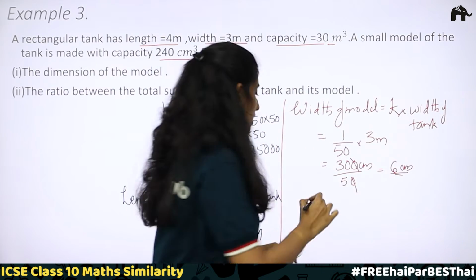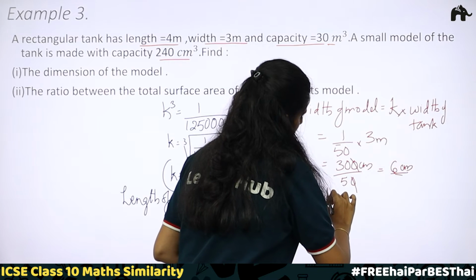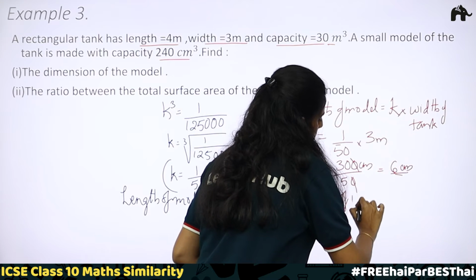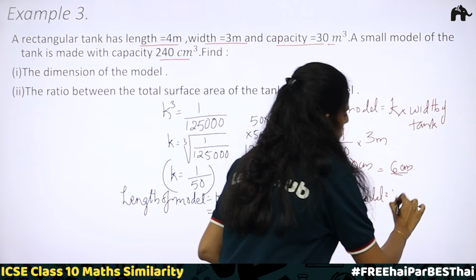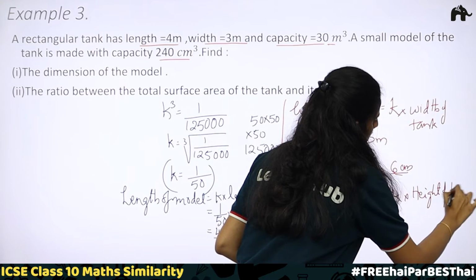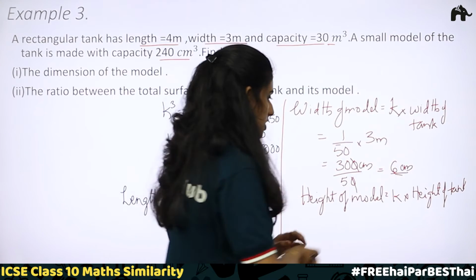Now to find the height of the model. Height of model is equal to, again, k into height of tank. Height of tank we have determined, which is 2.5 meter.